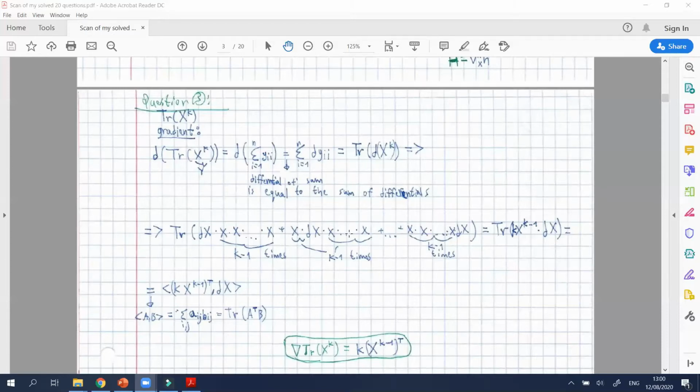We do the same thing according to the multiplication rule, and we just get very easily that it's equal to the trace of k X to the power of k minus 1 times dx. And by using this rule you see right here of the inner product of matrices, we immediately get the gradient that we wanted, which is k X to the power of k minus 1, transposed.